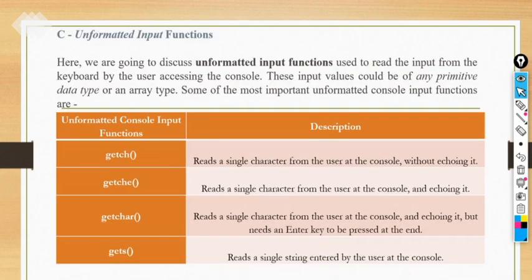Next we have some examples, like the getch function used here. The input values could be any primitive data type or an array type. Getche, getchar, getc, I hope we have already discussed these. Now we are discussing only the input functions, the unformatted console input functions.